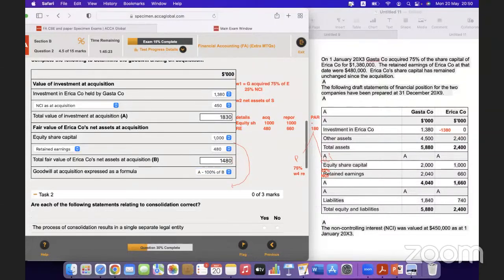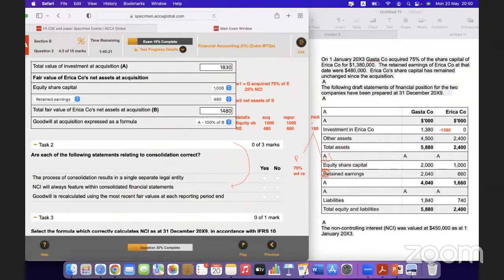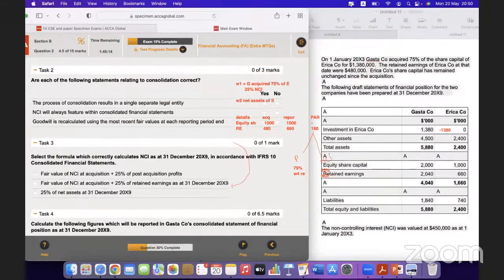Right, let's go to the down part, guys. What are they asking? Right. Let's move to the next part now. Here, see. Select the formula which correctly states NCI at the acquisition date in accordance with IFRS 10. So normally, how to calculate the value of NCI?